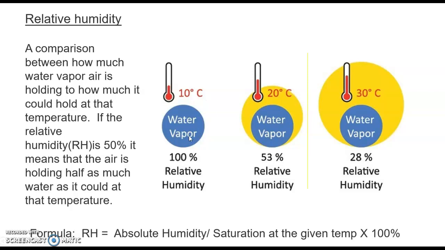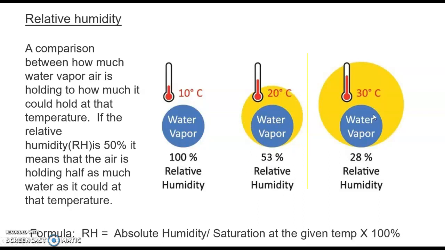So if you look at this graphic, there's a certain amount of water vapor here. And notice this amount of water vapor is the same, because the circle is the same size. Well, at 10 degrees, that amount of water vapor might be all that the air can hold. But as the temperature increases, the air has a capacity to hold more water. So if you notice, the relative humidity decreased.